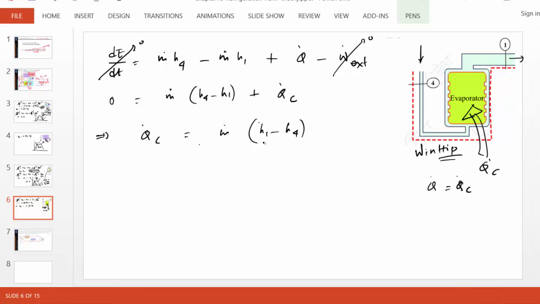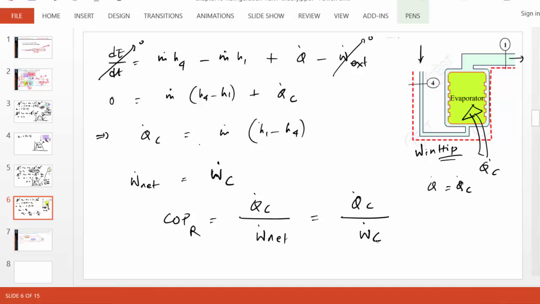So that's how we got our cooling load. And finally, W dot net in a refrigeration system, vapor compression cycle, is W dot C because there is no other work transfer, and that's what is going into the refrigeration system. So COP can now be obtained from Q dot C divided by W dot net.